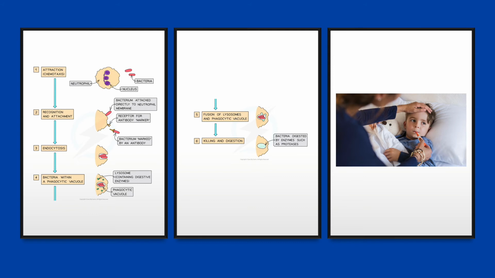For example, interferon alpha is used to treat hepatitis C. As with any new treatment, there are side effects, and we don't exactly know how effective they are yet. But it could be very promising in terms of using interferons to treat viral infections, especially in the context of, for example, COVID-19.